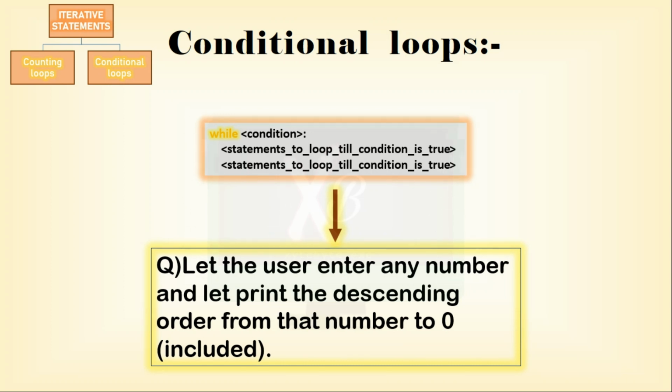So if the user inputs 9, the output should be 9 8 7 6 5 4 3 2 1 0. We go in descending order from the number given by the user down to 0, and 0 is included.